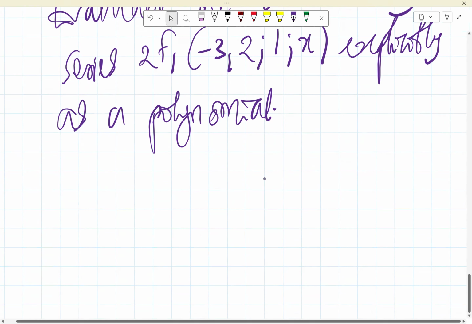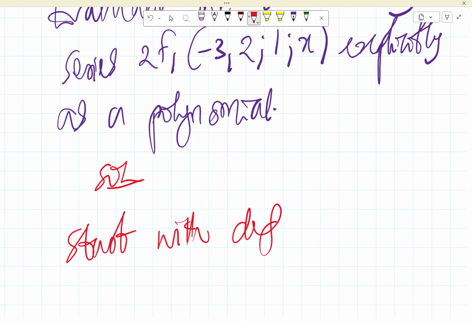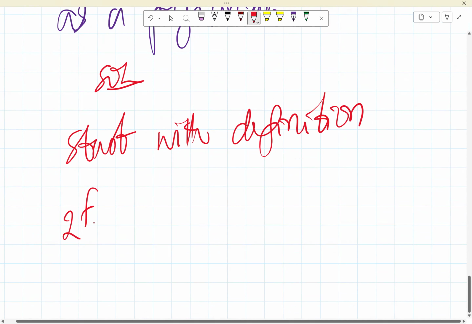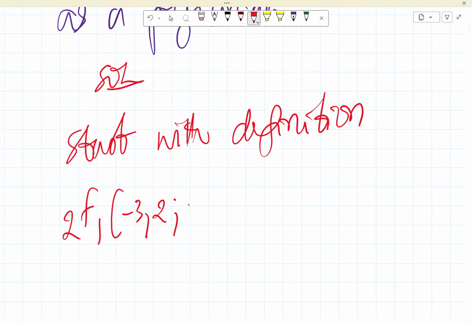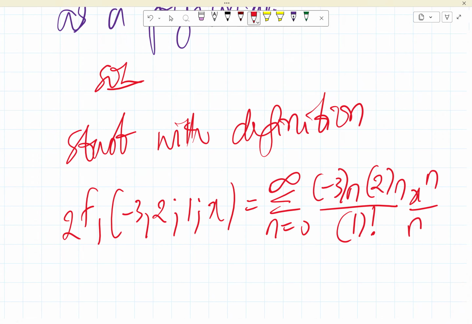Okay, so in that case, we start with the definition. 2F1(minus 3, 2; 1; x) is the summation from n equals 0 to infinity of (minus 3)_n (2)_n all over (1)_n, x raised to power n all over n factorial.